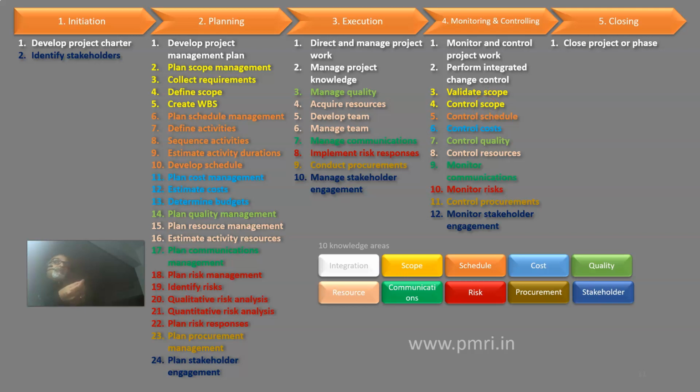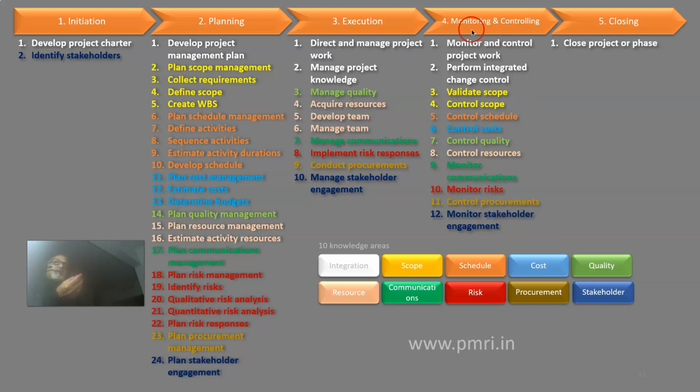We have to ensure that the project is within time, cost, and scope. For that purpose, we control the scope and control the schedule and control the cost. And we control the quality, control resources, and monitor communications, monitor risk, control procurements, and monitor stakeholder engagement.